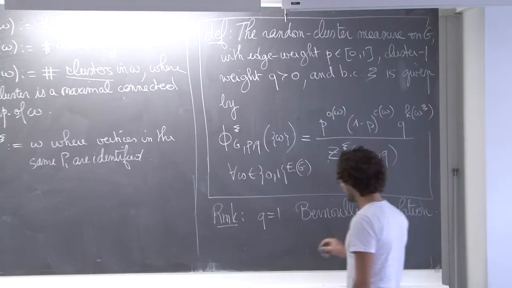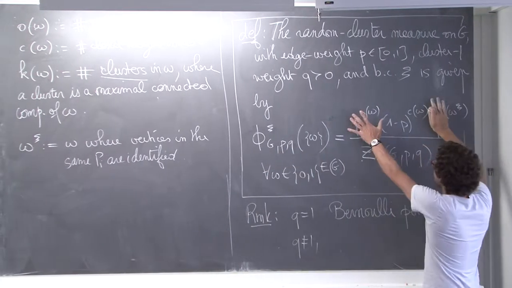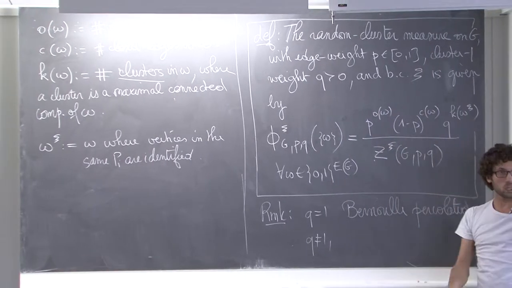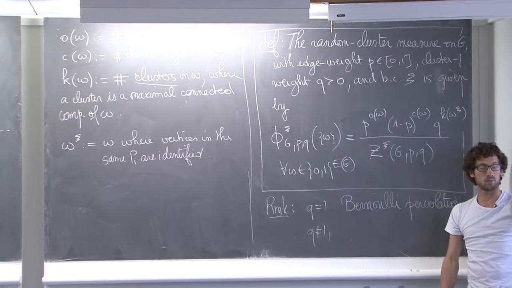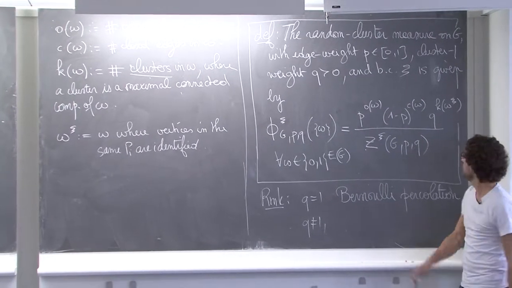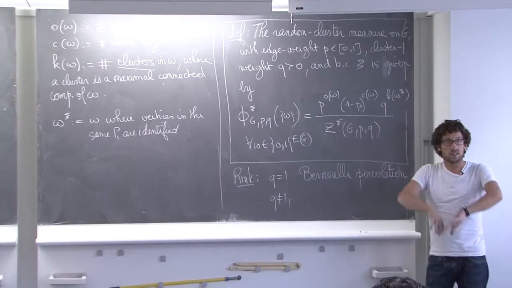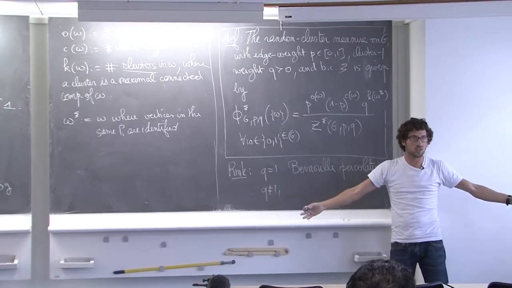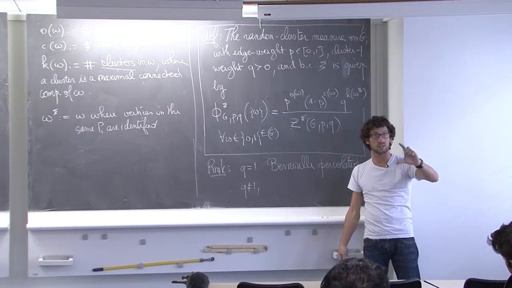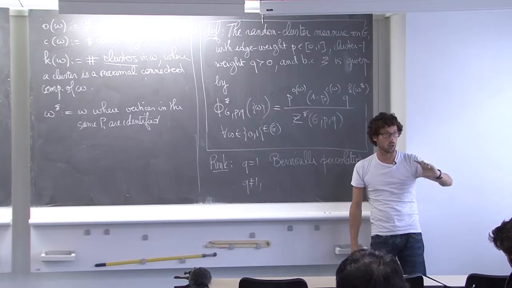Notice that as soon as q is not equal to 1, there is this term, which is very different from a local term. If I look at an edge, I know this one is contributing p or 1 minus p, because it's either closed or open. This term here is a topological term. It looks really at the whole configuration and tells me, okay, there is this number of clusters. Looking at this edge doesn't tell me if, for instance, the two endpoints are in the same cluster or not.